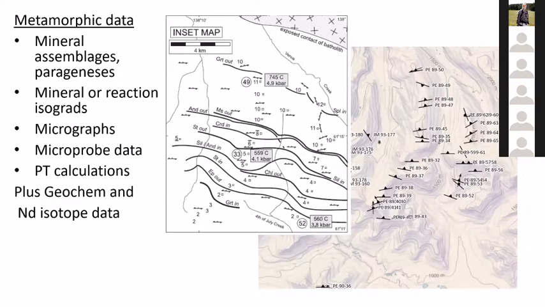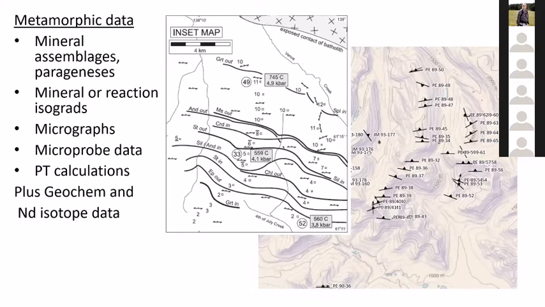This just shows an inset map, a detailed map of a structural section where I've overlain mineral isograds. I did a lot of detailed sampling at that time.